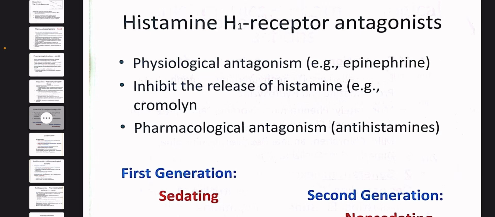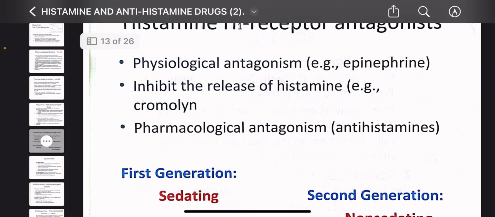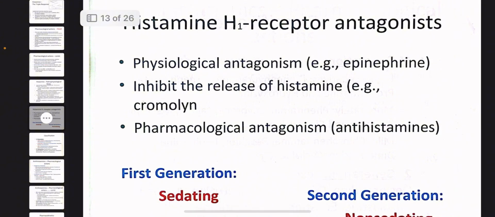So for antagonism, remember we mentioned three receptors for histamine: H1, H2, and H3. We were talking about H1 receptor antagonists. We've already listed the agonists. So we're talking about the H1 receptor antagonists. Then we can classify them more.